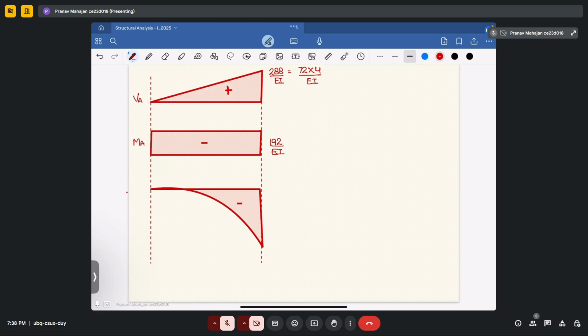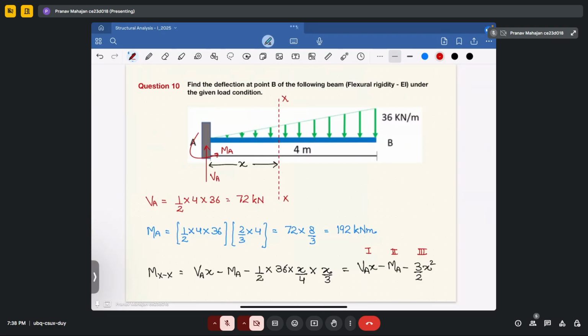It will come out as 3 by 2 into H, which is 4 cube, that is 96 upon EI. That means we have to determine the moment of area of all these curves, then we will be able to determine the deflection at point B.